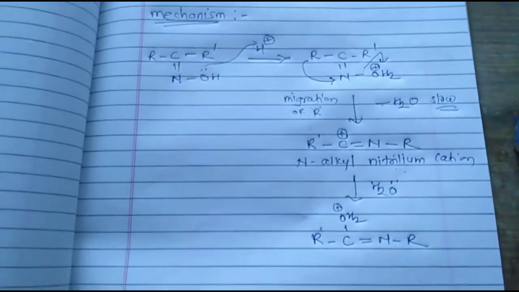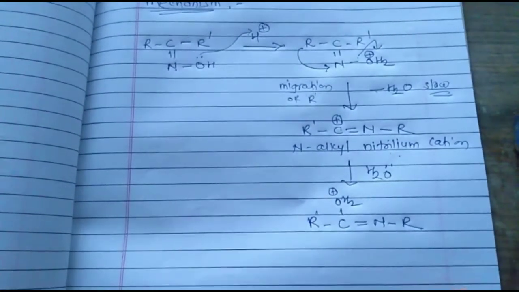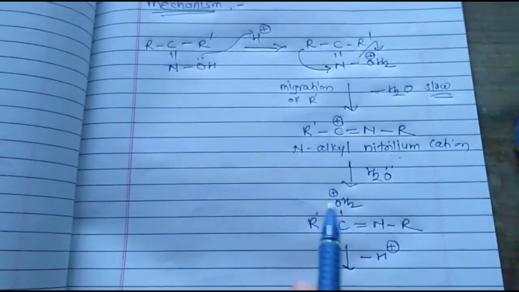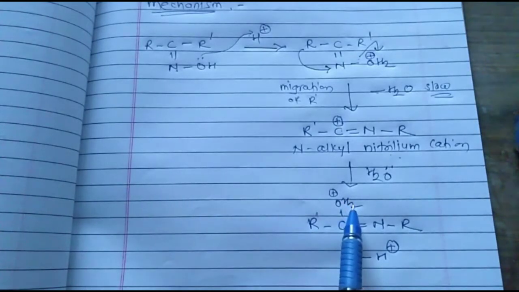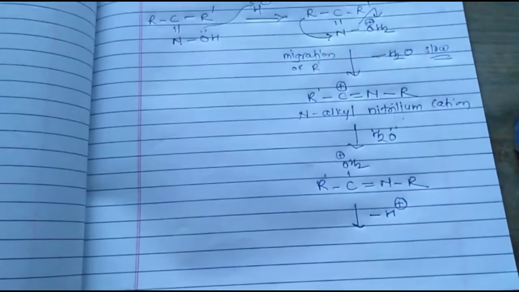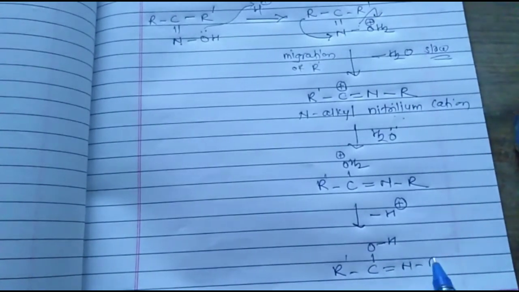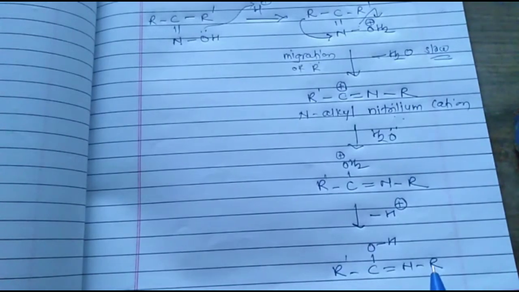After that, by the removal of H plus, this oxygen takes up its lone pair, and there is a formation of the product R dash C O H, N R. This is the next step.